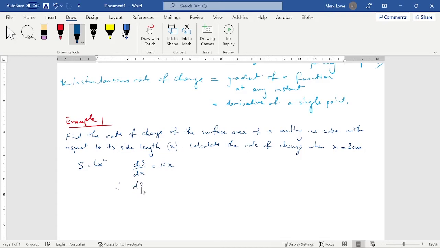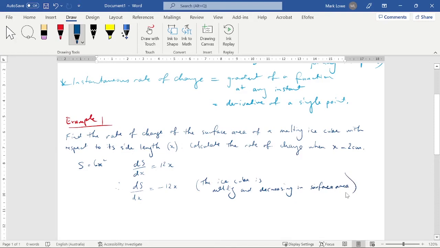So in this case we need to write ds dx equals negative 12x.